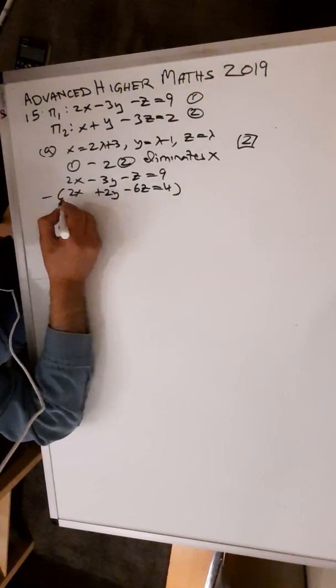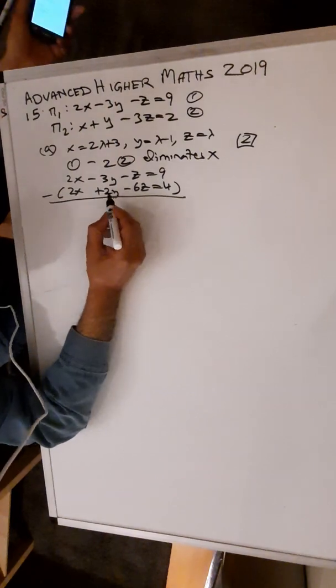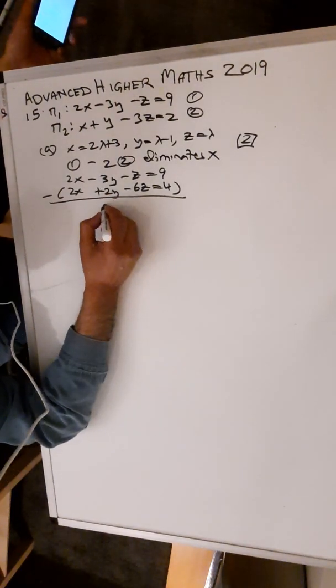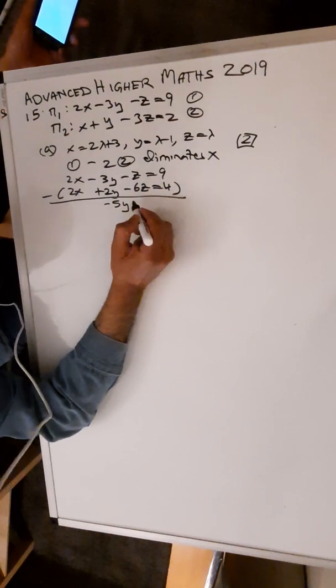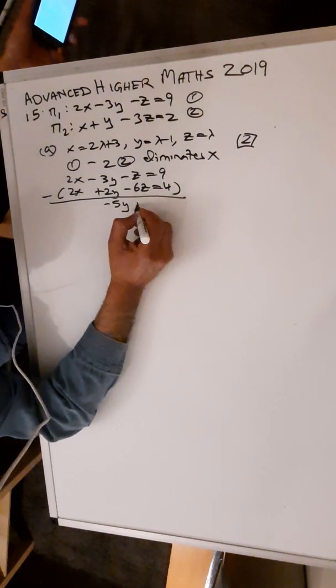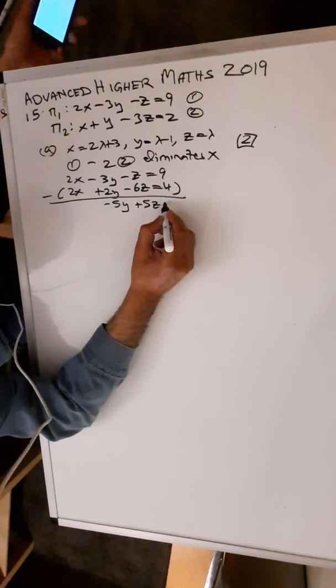You can take this away. 2x minus 2x, x is gone. Minus 3y minus 2y gives you minus 5y. Minus z plus 6z gives you plus 5z. And 9 minus 4 gives you 5.